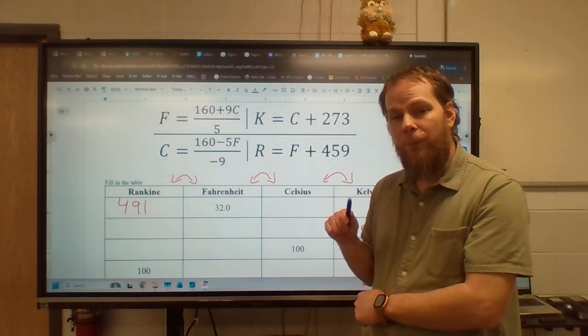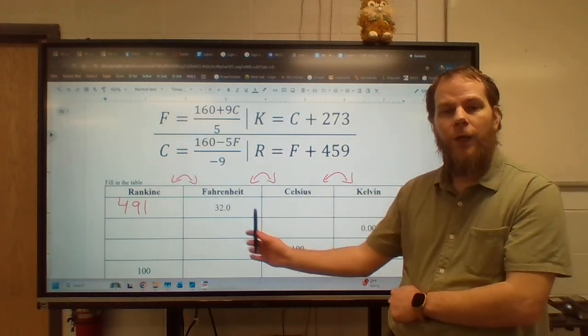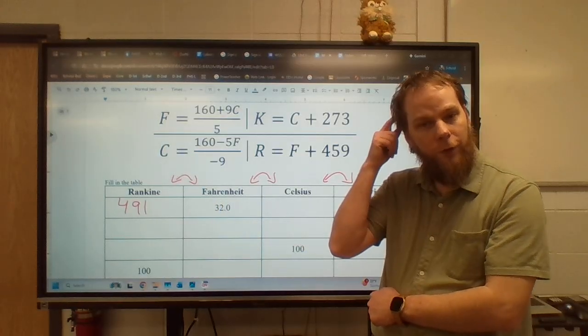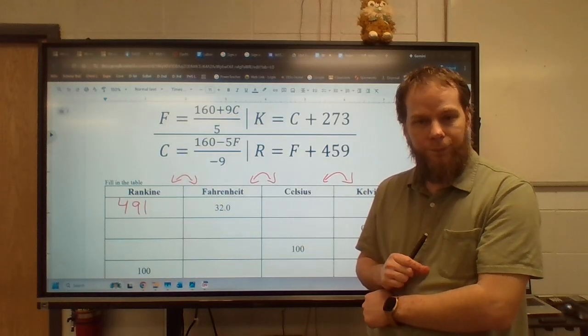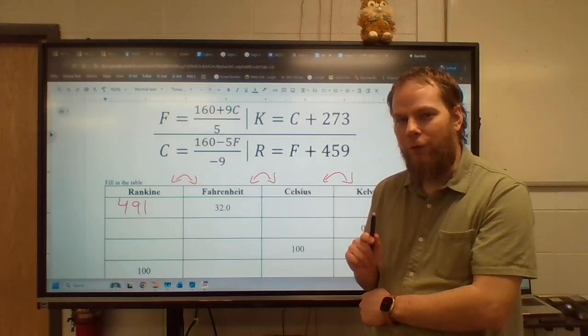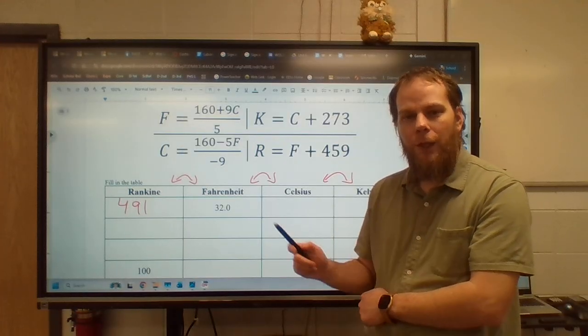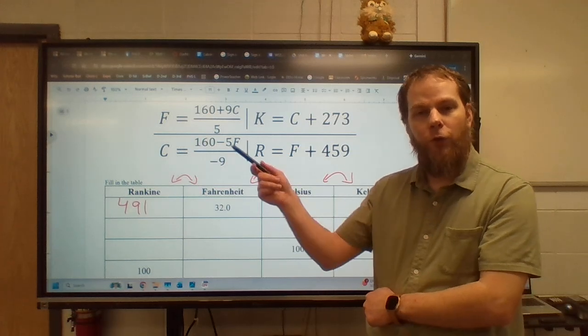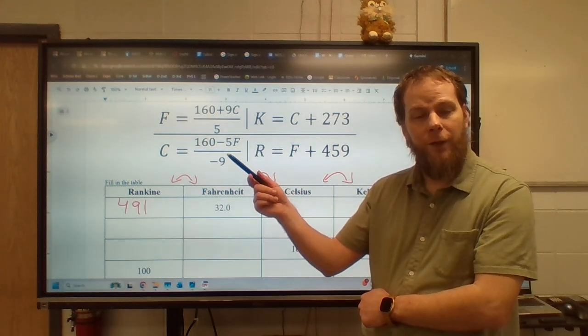So now, if we want to finish filling this in, we need to do our Fahrenheit to Celsius conversion. So which equation do we want to use? Well, if we have Fahrenheit, we're after Celsius, there are two equations that have Fahrenheit and Celsius in them.